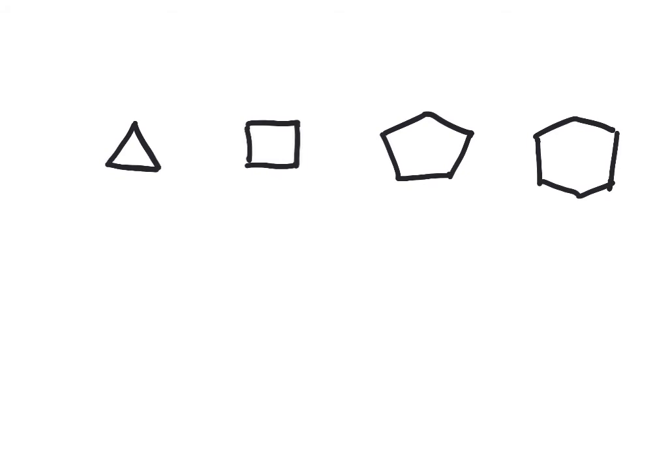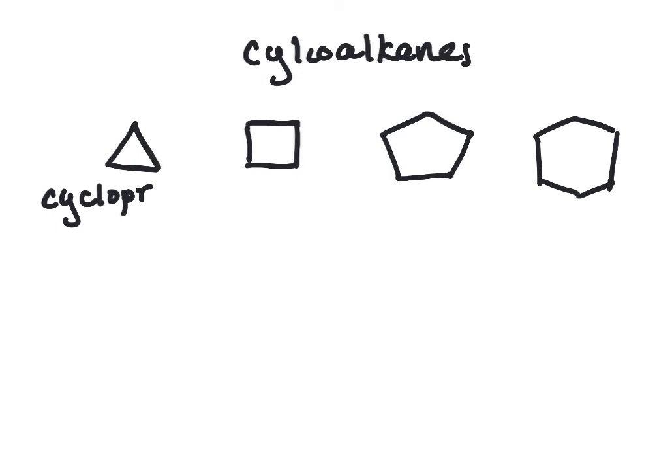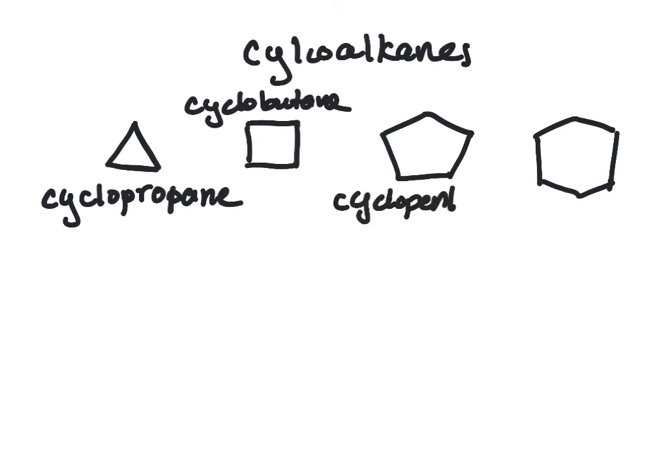So here I have drawn cycloalkanes. Cycloalkanes are rings with carbons and hydrogens. They are named with the prefix cyclo and then the parent's name of how many carbons are present. So the first structure would be cyclopropane. The second structure would be cyclobutane. The third structure would be cyclopentane.